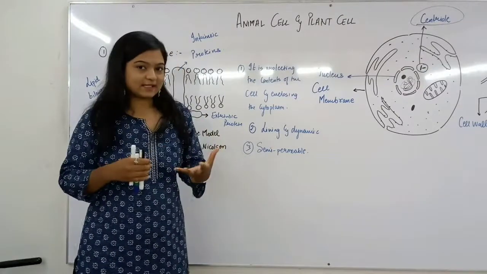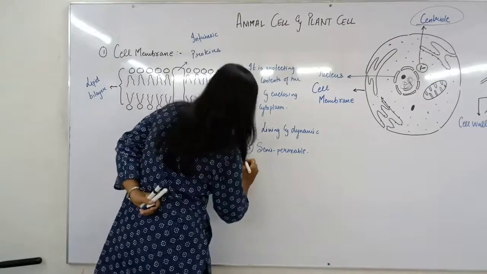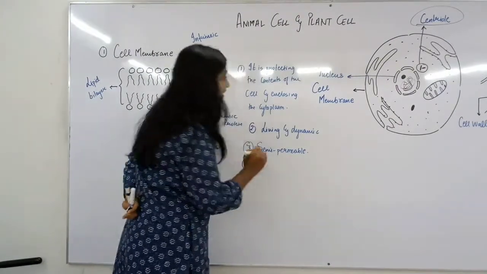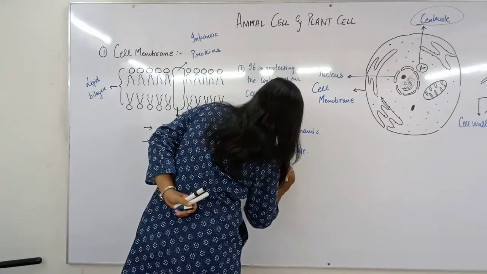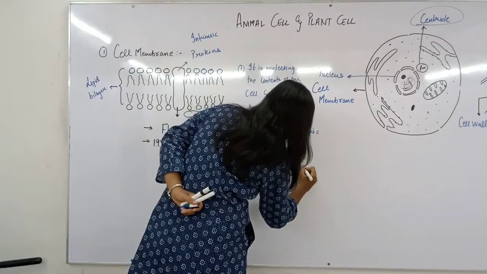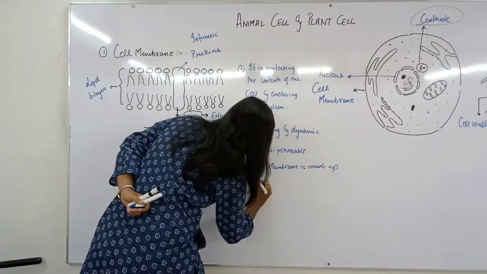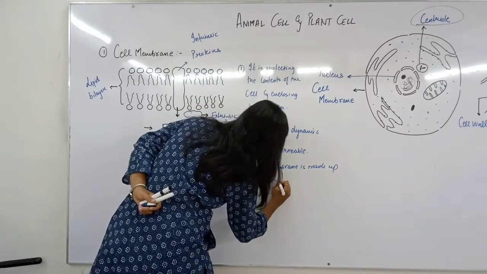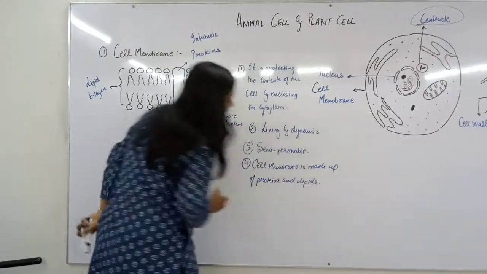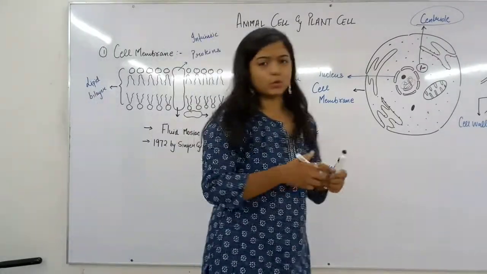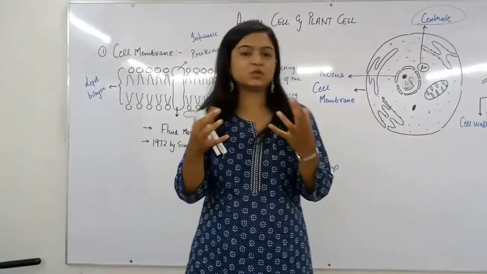Proceeding further, what else does a cell membrane do? Again, let us note this point that the cell membrane is made up of proteins and lipids. Depending upon which solution you put the cell into, the cell either shrinks or it swells up.